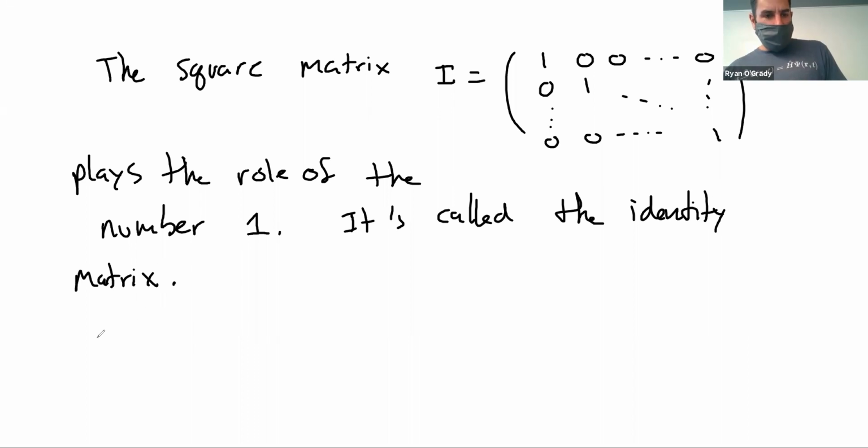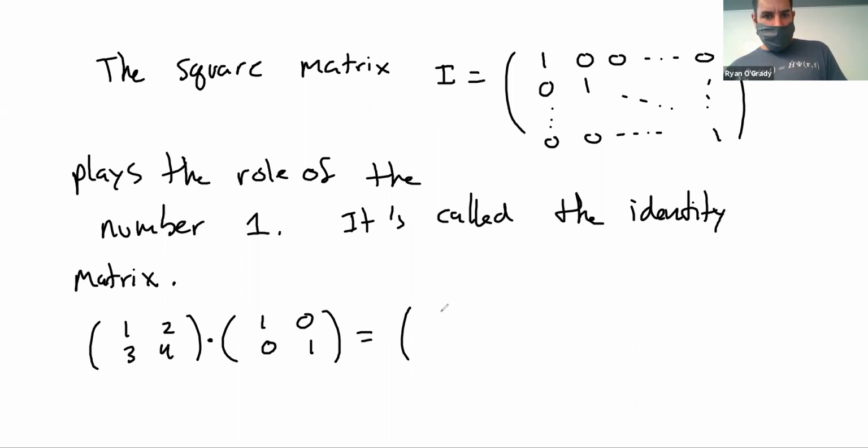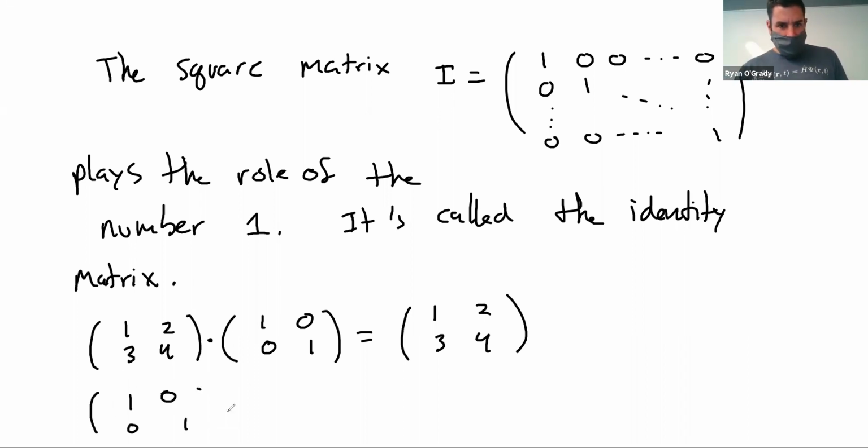Any matrix times the identity, if you do the math, you get the same matrix, like 1, 2, 3, 4. You should verify that. And if you multiply it in the opposite direction, you still get the same thing.